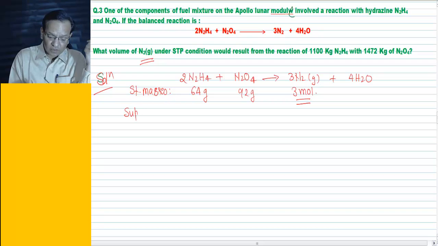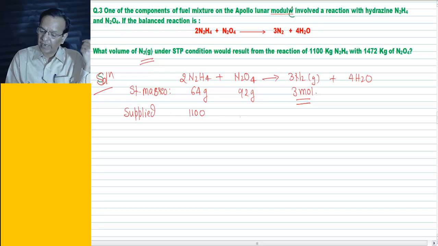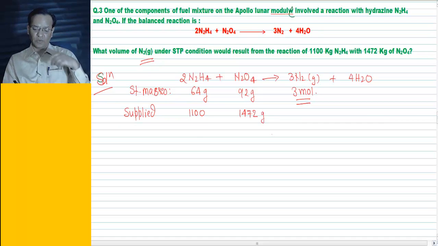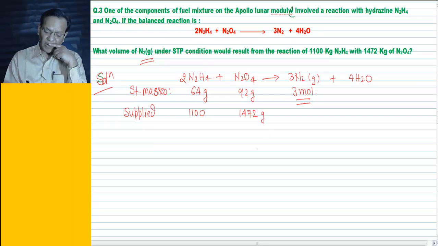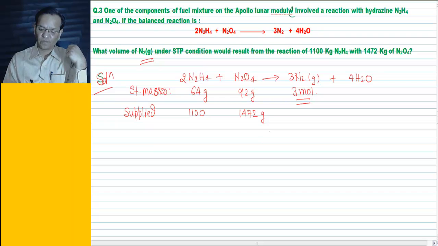Supplied 1100 and 1472 gram. Try to make one of this equal to 92.